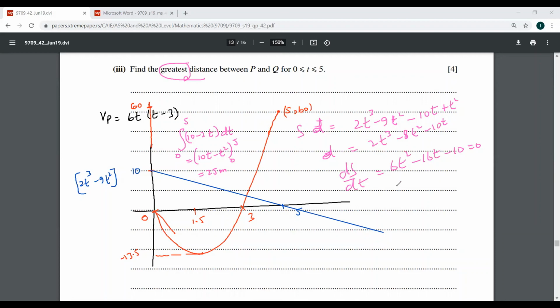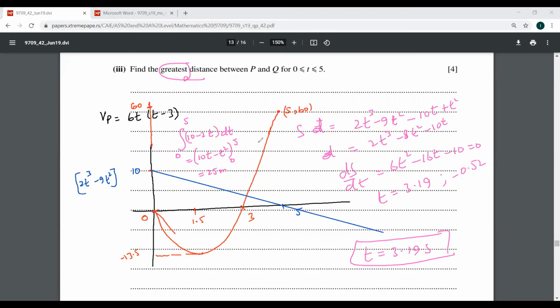So please tell me, what do you get for this? So this is 3.19 and minus 0.5. We'll be ignoring this minus value. So this is the time 3.19 seconds when they are furthest away from each other.